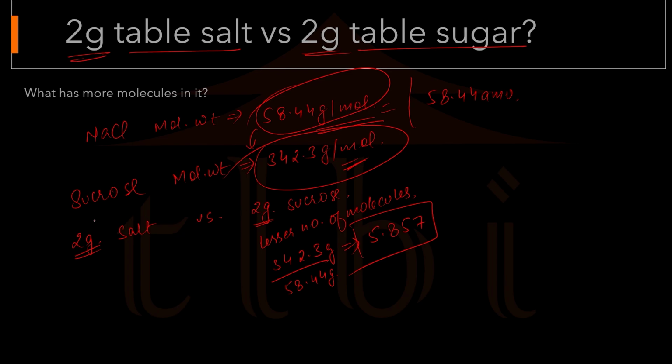Okay, so 2 gram of salt will have some number of molecules, whatever they are. Then 2 gram of sucrose will have about that many times less number of molecules. Okay, all right.